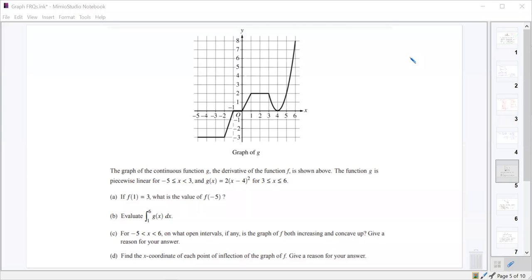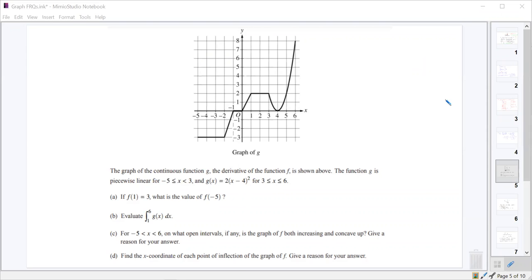For part A, we are asked to find the value of f of -5. We're given that f of 1 equals 3. And we know that this graph of g is the derivative of f.